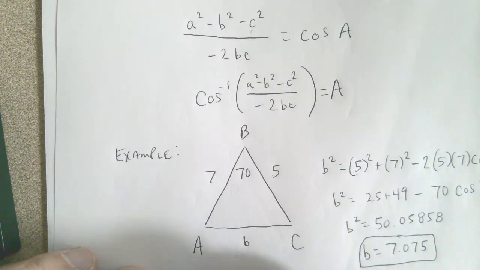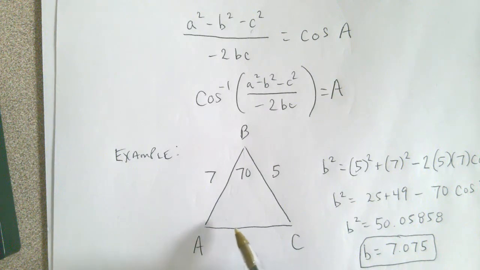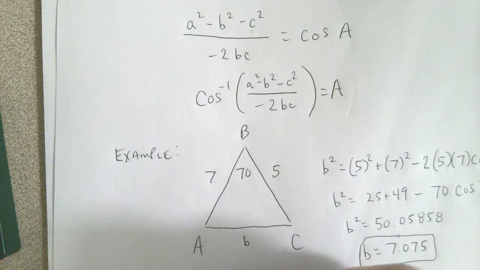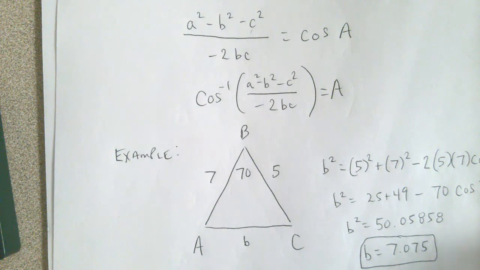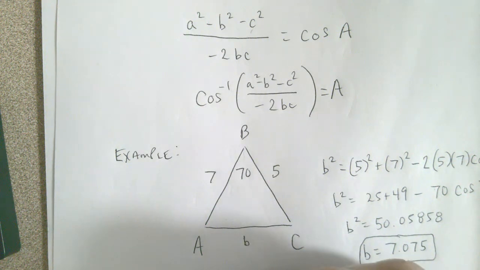I know that C squared is 7 squared, so 49, equals A squared, which is 5 squared, 25, plus B squared, which is now the 50.058, which is already in my calculator, then minus 2 times A, which is 5, times C, which is 7.